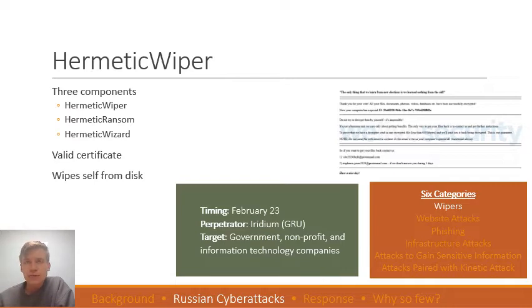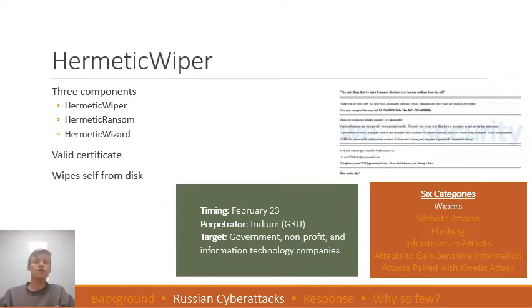And part of the reason that there was a worm this time, rather than not having this kind of partition like the previous one did, is that what this malware actually did was it would wipe itself after it had deleted all the files. It would then wipe itself from the disk. So the previous one didn't do that, was easier to discover, but this one, it would get in, do its business, and then overwrite itself so that it would be harder to track.